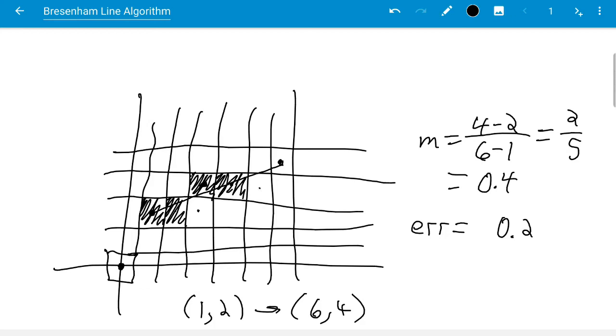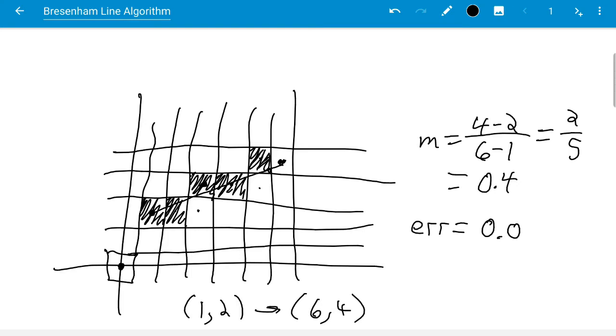Alright, move one more, add my slope into my error, 0.6, alright, go up 1 then, and then subtract 1 from my error, negative 0.4.